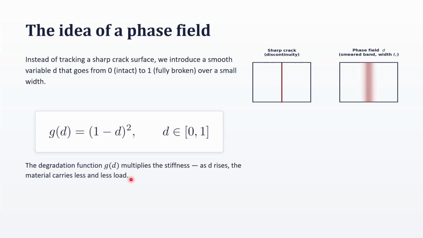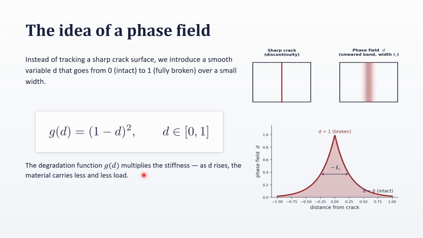Because crack propagation is a stress releasing process. So this is how a phase field contour looks. You can see this gradual decline from 1 to 0, characterized by lc. If lc tends to 0, you get a sharp crack.